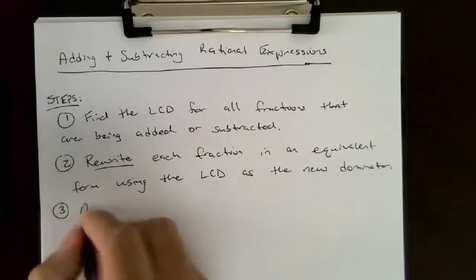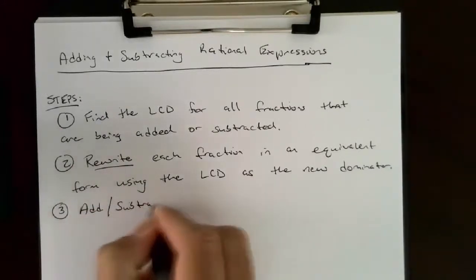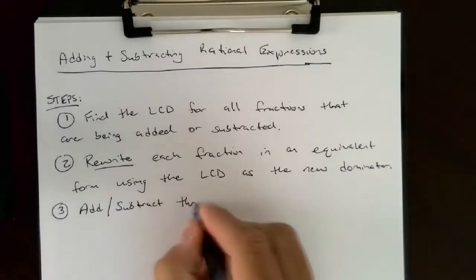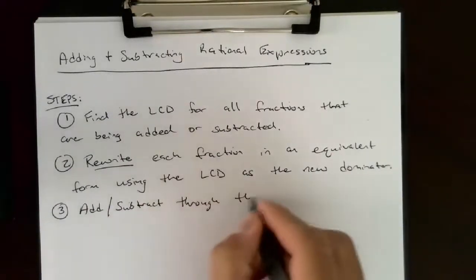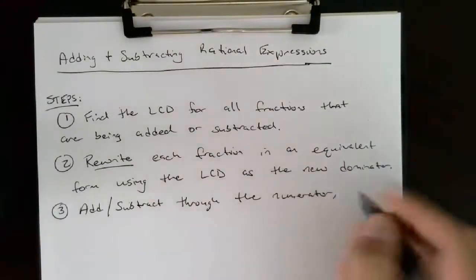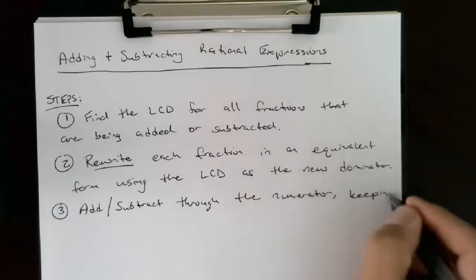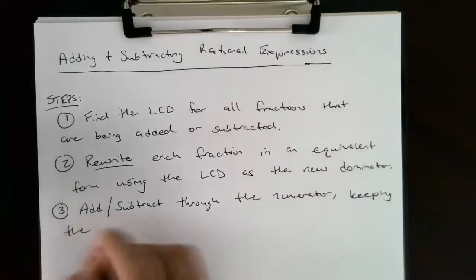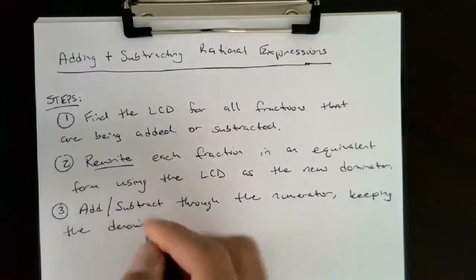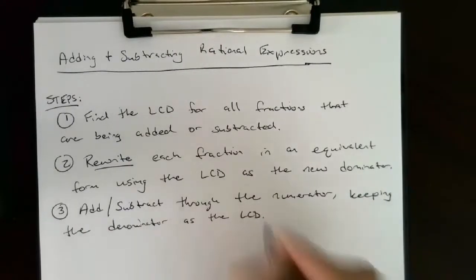Step 3, and then you're going to add or subtract, depending on the operation that you see. Add or subtract through the numerator, and keep the denominator as the LCD.